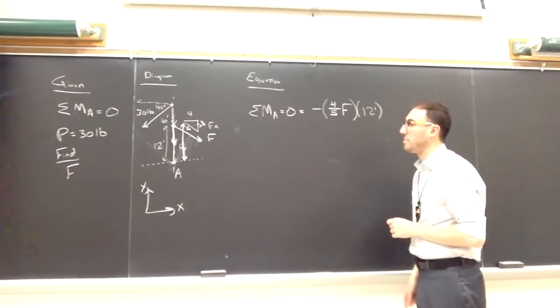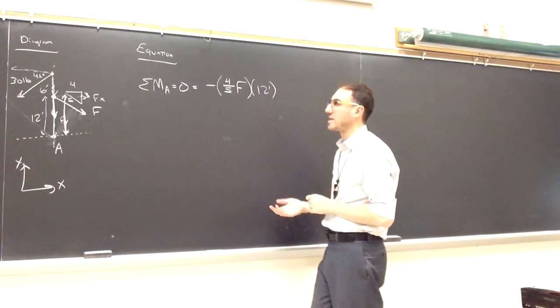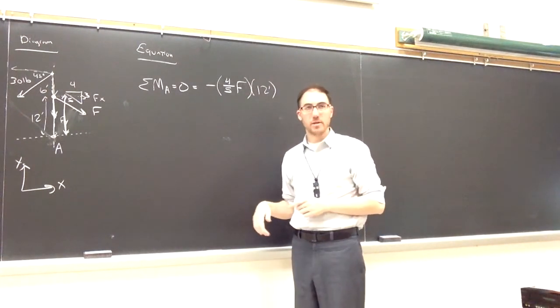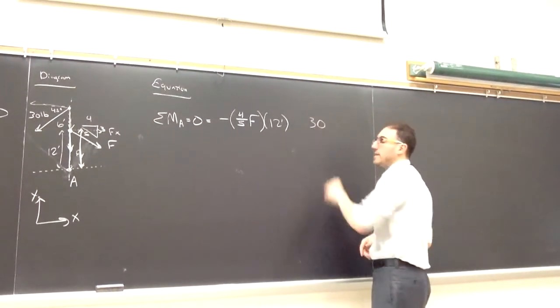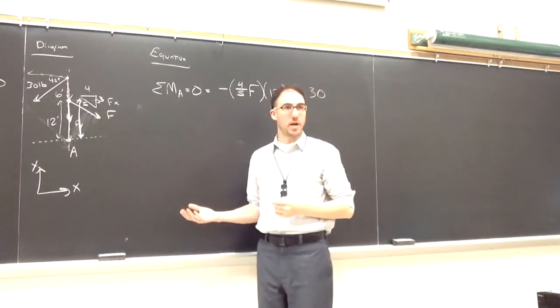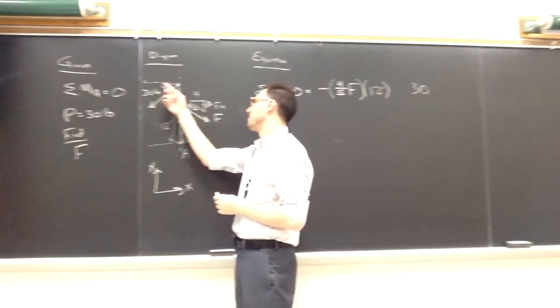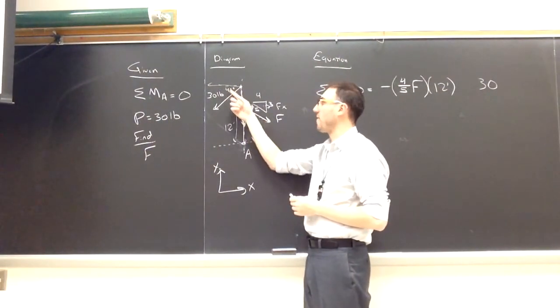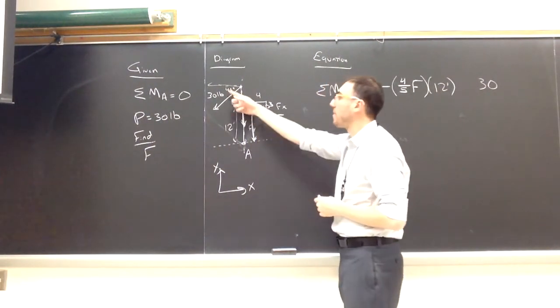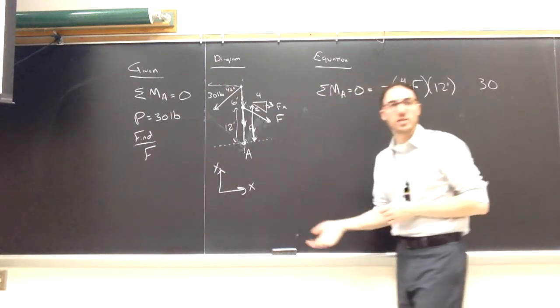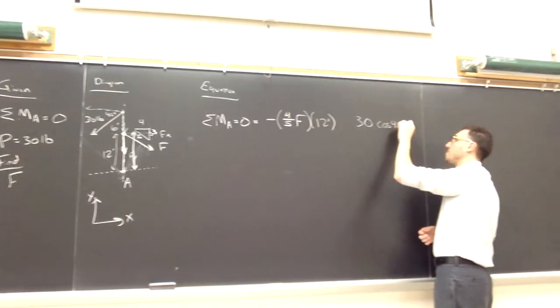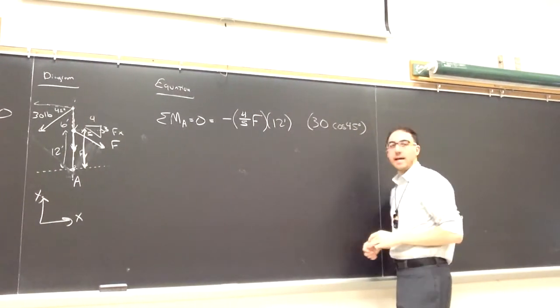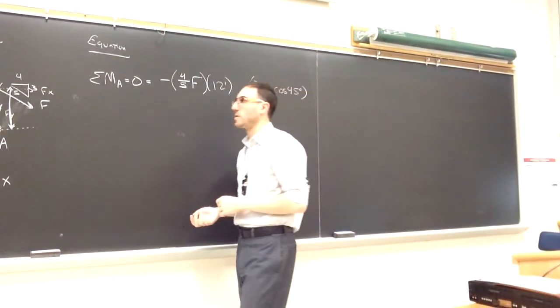For the horizontal component of P, how much of P is going to act along the x direction? 30 sine of, cosine of. In this case, it would actually be 30 cosine or sine of 45, because it's 45 here or 45 here. Because I indicated this 45, I'll say it's cosine 45. So that is the amount of force P in the horizontal direction.